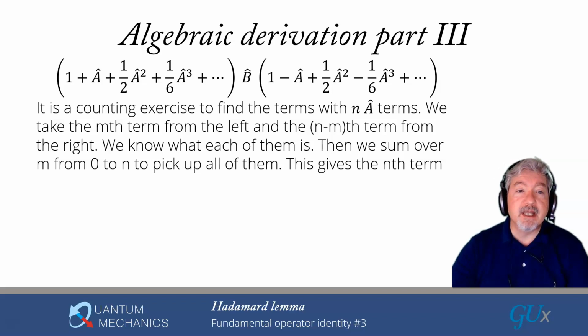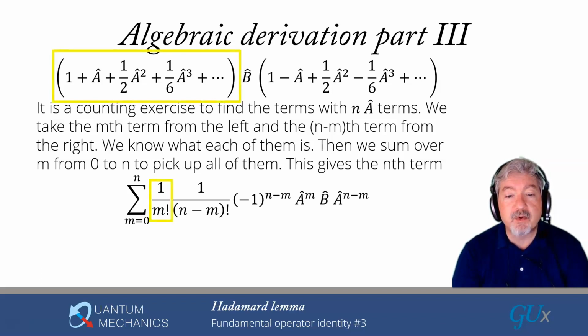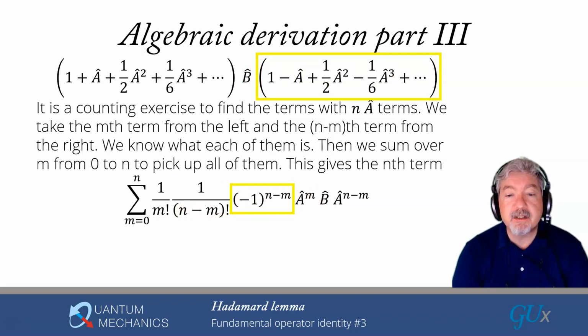And so as we collect those, the terms on the left will have, you can see it's from the exponential, a 1 over m factorial and an a hat to the m from the terms that we pick from the left. Then there's a b in the middle, and then there's a 1 over n minus m factorial times a minus 1 to the n minus m times an a hat to the n minus m from the terms that we pick from the right-hand side.